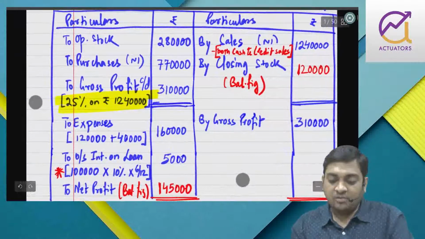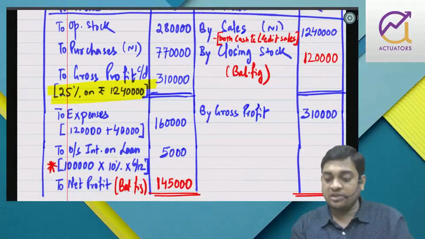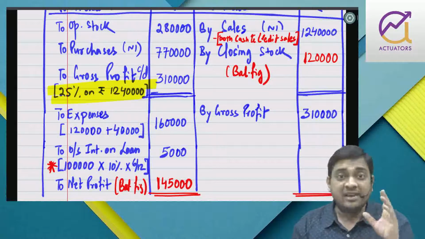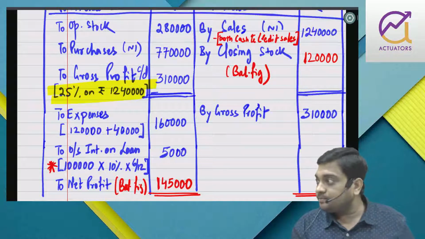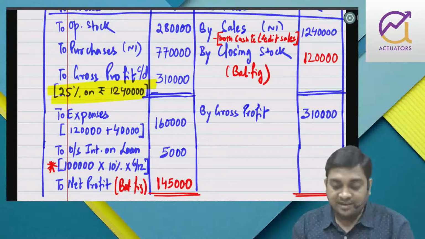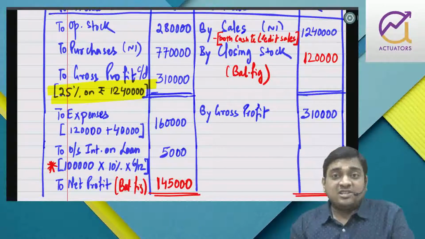Now there was a lot of information which was given to us, but there was a lot more information which was not provided to us. So we calculated it by preparing various accounts. I hope things are getting very clear to all of you. Now, they have asked for financial statements, final accounts.